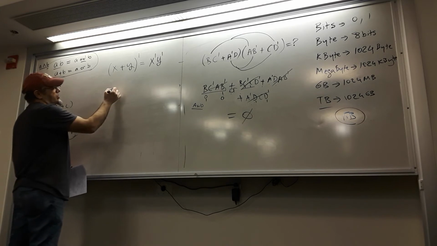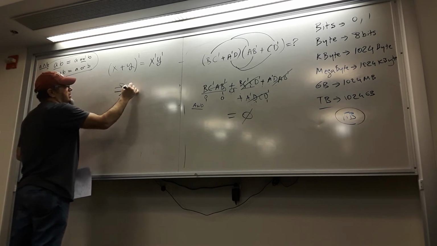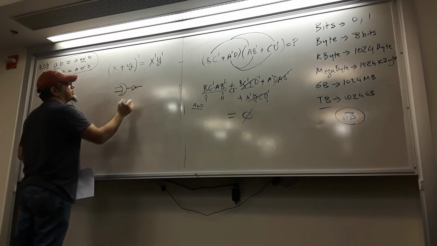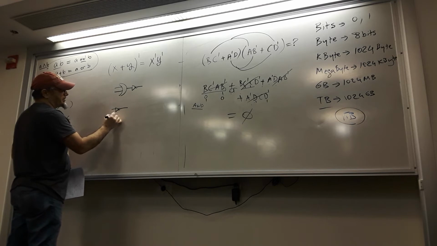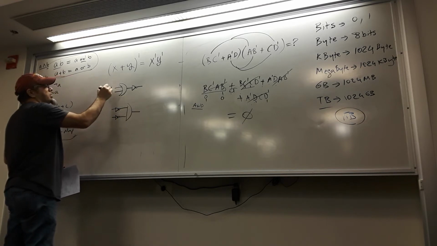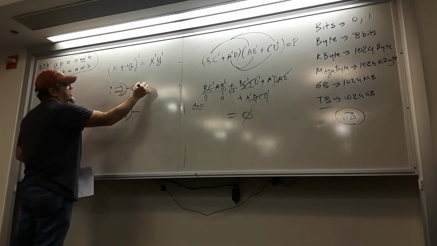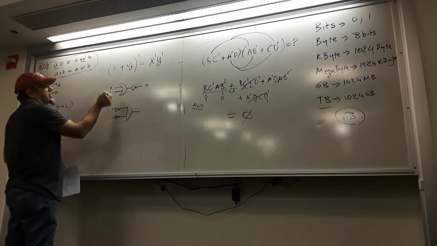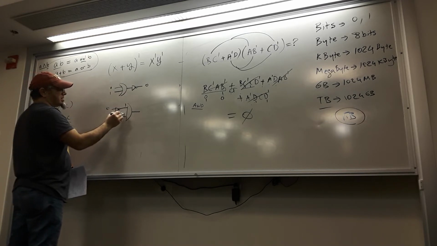We can actually check it like this. 0, 1 is going to be a 1 and then inverted into 0, right? And 1, 0, this is 1 here, and this is 0 here.